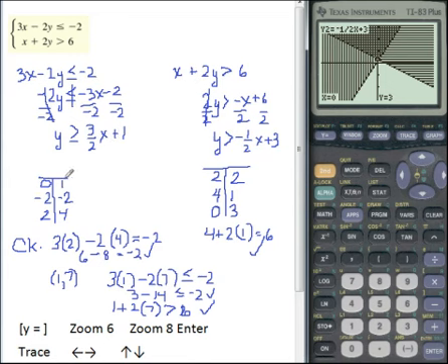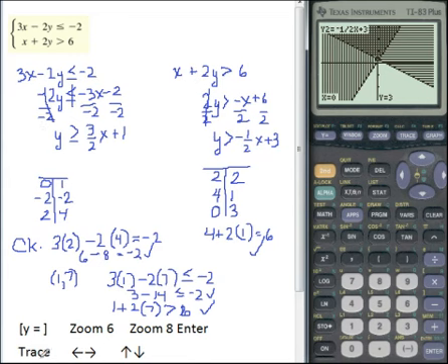Then we went and used the trace key. After graphing, okay, we went and graphed using zoom 6, then zoom 8 enter to get nice integer values. And we had set it up to shade above, under y equals on both, because it was y greater than in both.